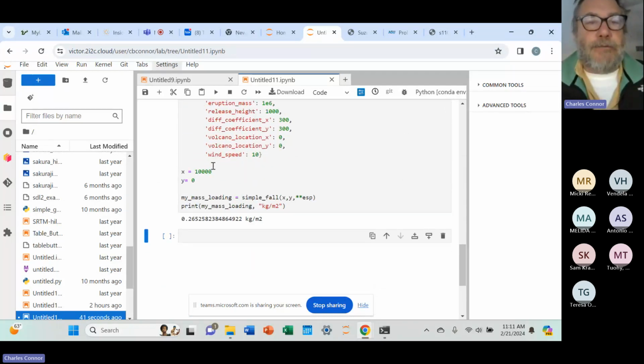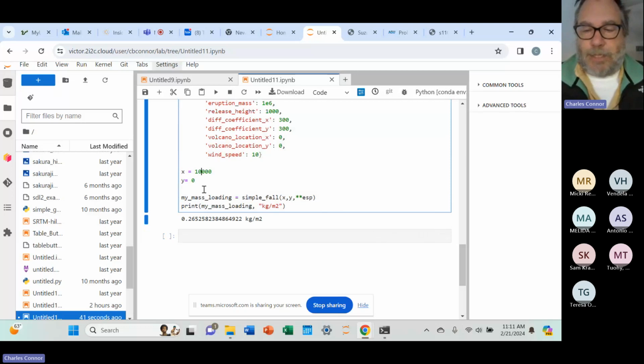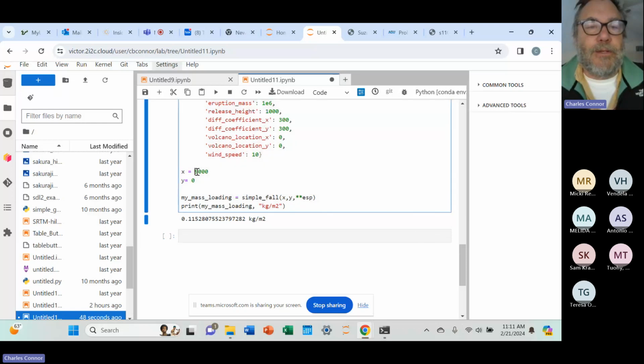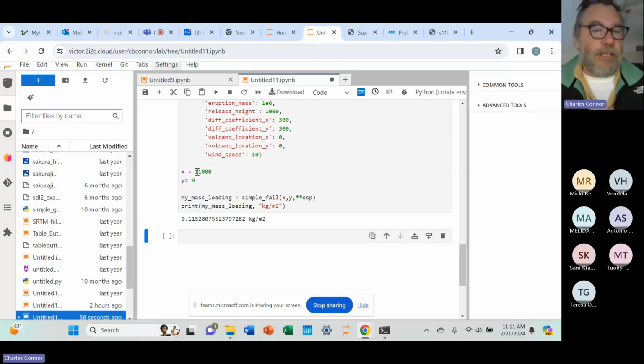That's cool. So if I change this to 9,000 or something like that, is the number going to go up or down? If I'm right, it went down. So that means there's less tephra closer to the volcano. If I go further away, less tephra further away from the volcano.